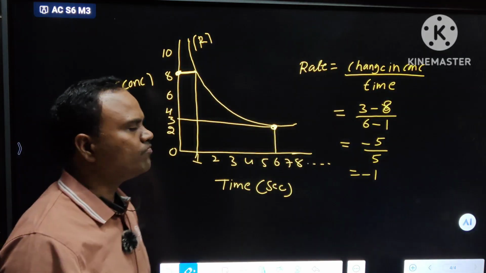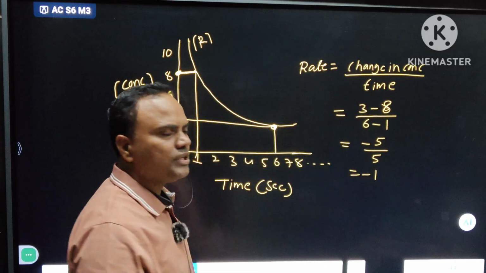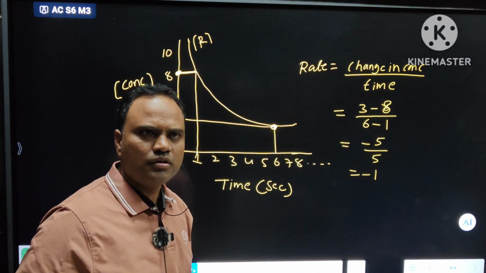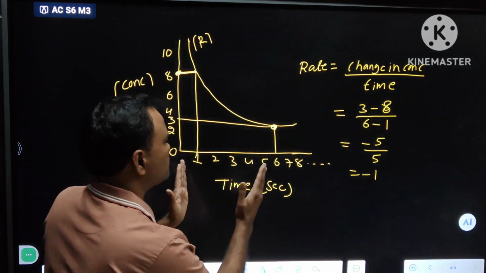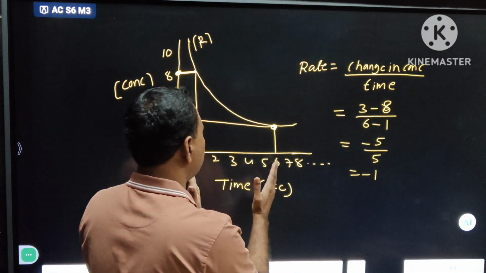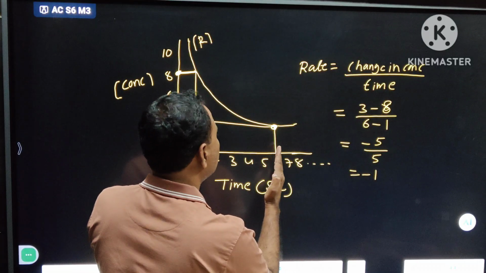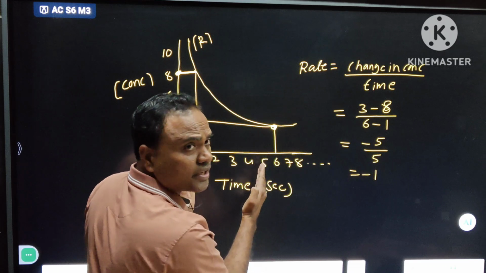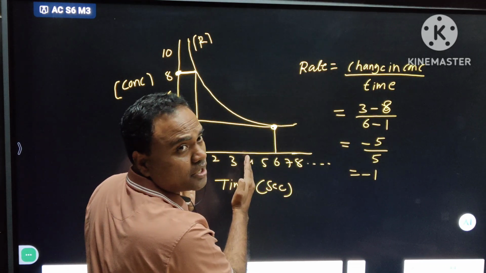Now you tell me, we calculated the rate in the time interval of 1 and 6. Now, some considerable gap is there. Can I calculate the rate between the time interval 1 and 5? Yes. Between 1 and 4?